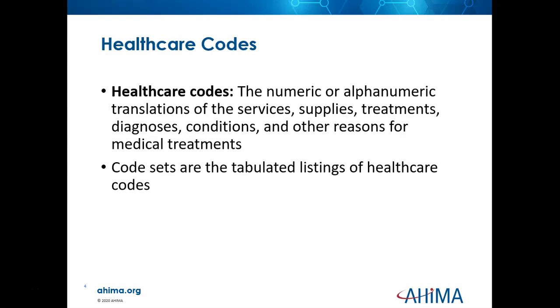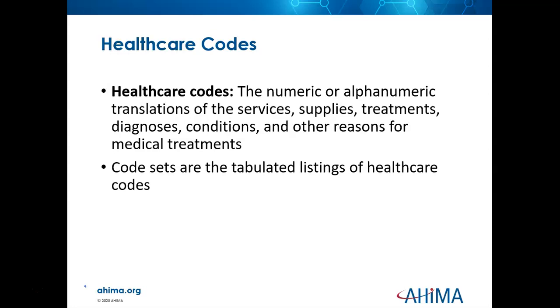Healthcare codes. Again, what are they? They can be numeric or alphanumeric. It's the translation of everything that's in that medical record. So rather than submitting that record in its entirety to the payer and having the payer read through all of that documentation and decide how this will be reimbursed, all of that data is translated into those numeric and alphanumeric codes, which then, as we saw in that previous chapter, are added to that claim.